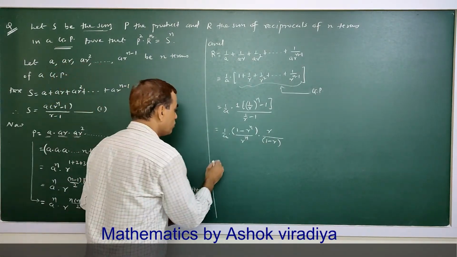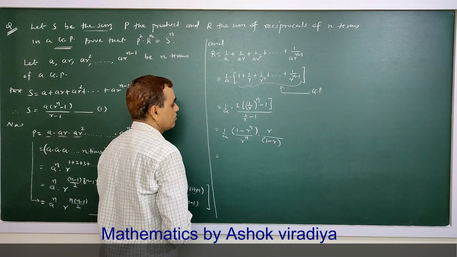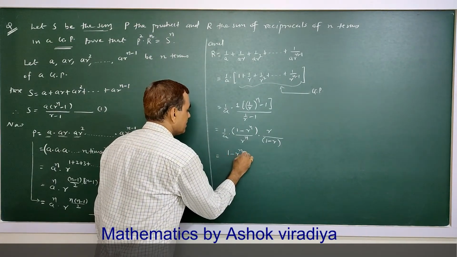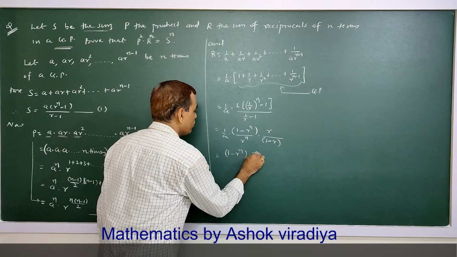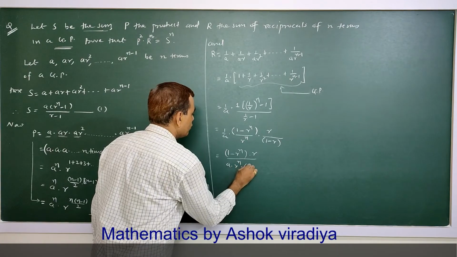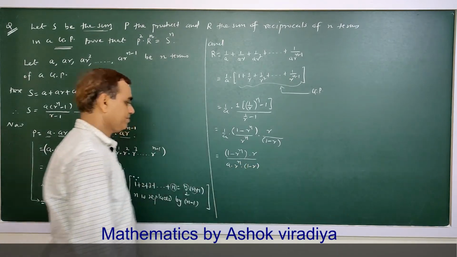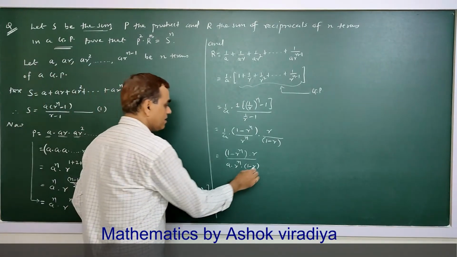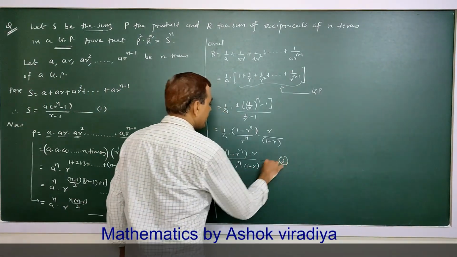So it is equal to 1 minus R raised to n into R upon A into R raised to n into 1 minus R. Just we keep this as it is. This is R. Let me say it is equation 3.